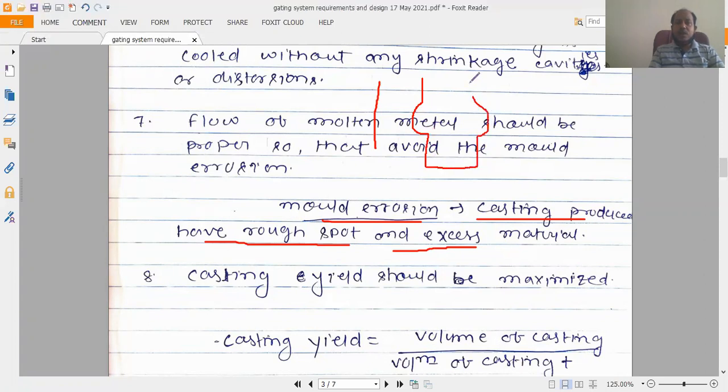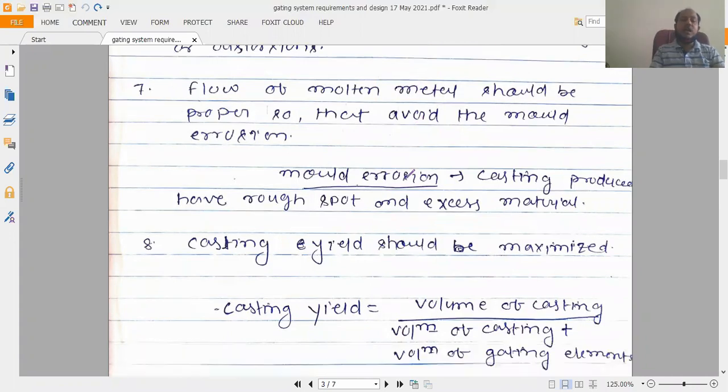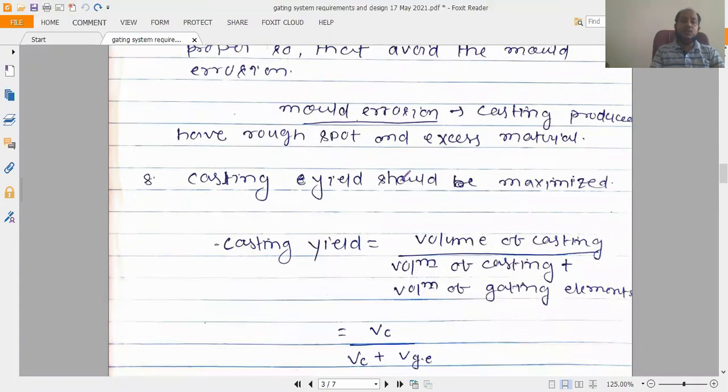It is also a part of mold erosion, where the molten metal erodes the molding sand and produces some extra excess dimension. This is not required in the casting, so it is called mold erosion and we have to avoid it. So the molten metal flow should be proper so that we don't get mold erosion.